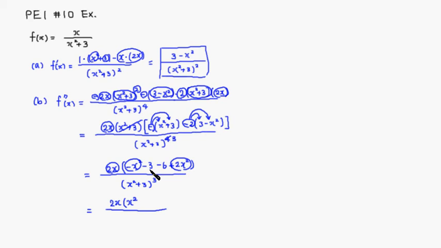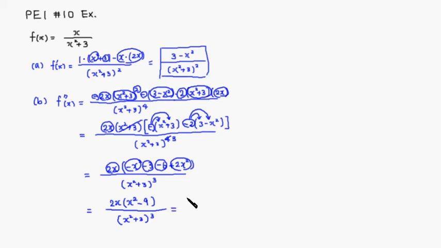Then combine negative 3 and negative 6, that will give us negative 9. Then you have quantity x squared plus 3 cubed. And if you want, this is a difference of squares, so we can factor it.